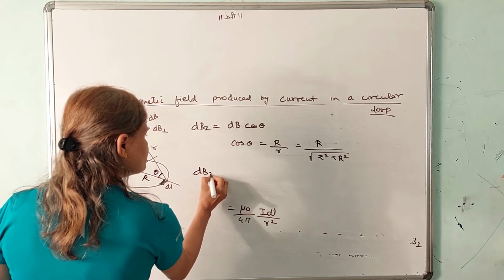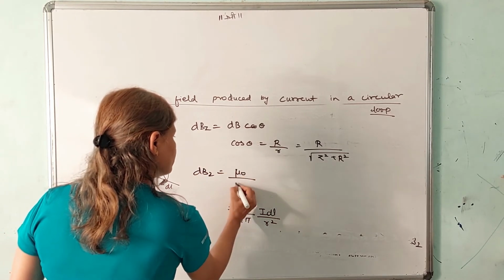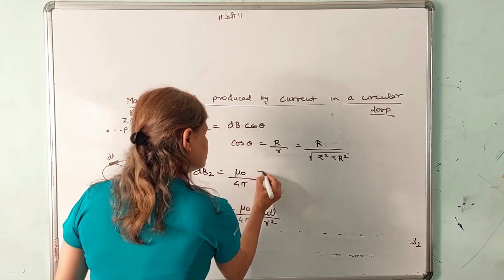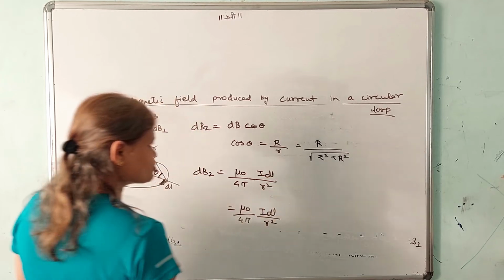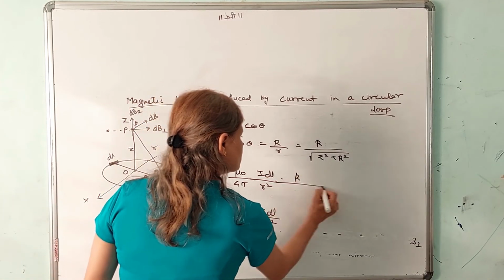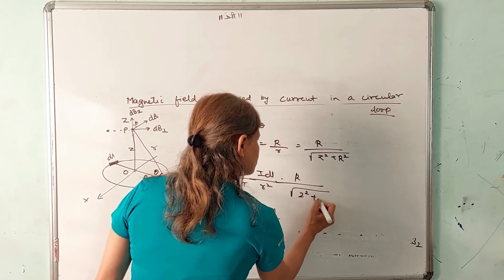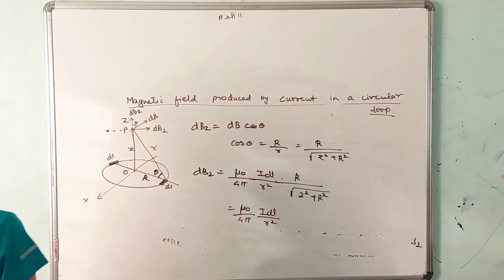So dBz is equal to mu naught by 4 pi I dl by r square into capital R by under root z square plus R square.